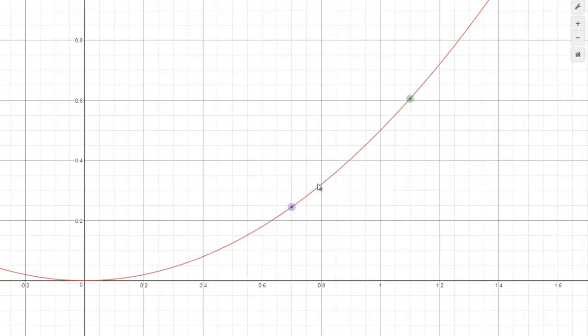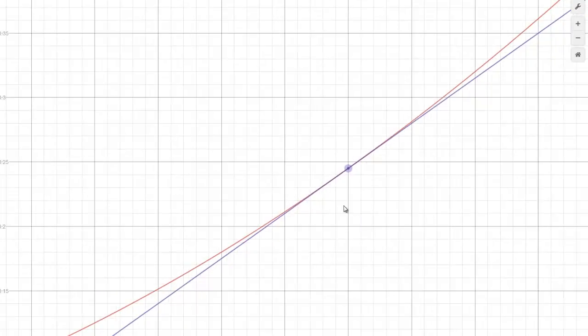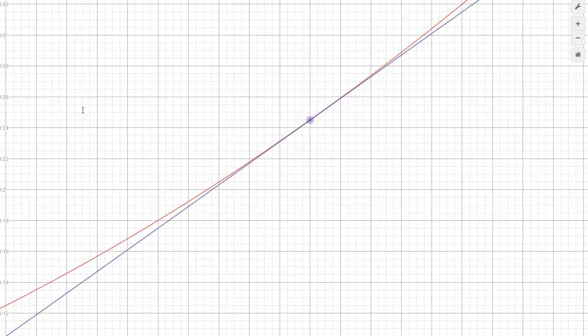Now I want to find the tangent line to this red curve at the purple point, and let's see, which one was it? Not that one, it was this one. That purple line is the tangent line to that red curve. So like if I keep zooming in here, it gets really close, and I'm so zoomed in here, look at the scale.